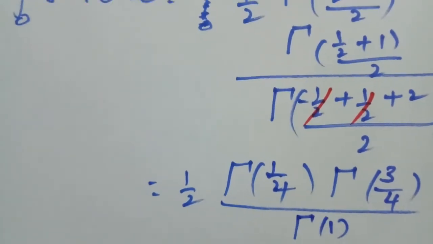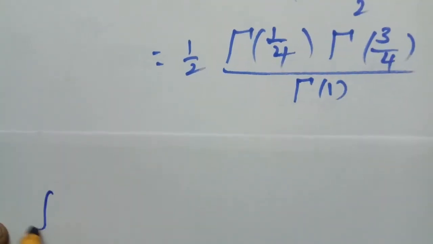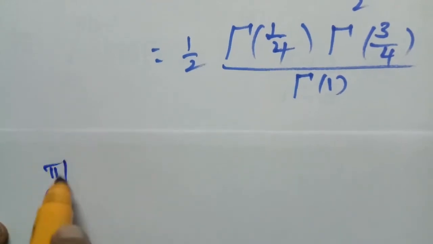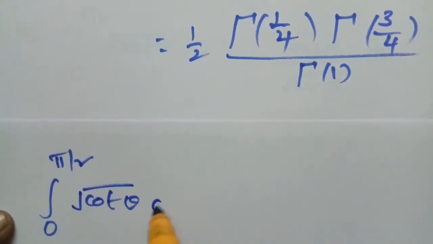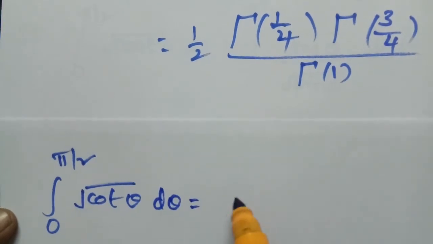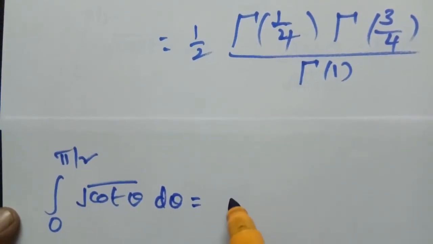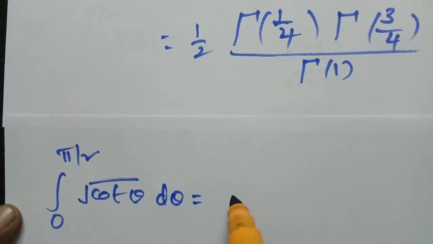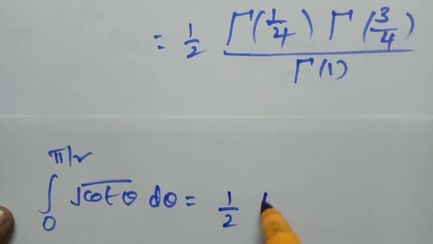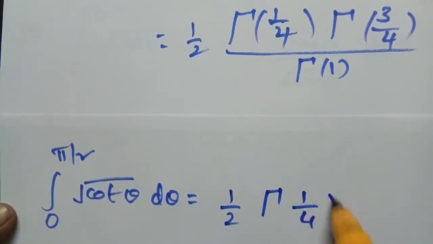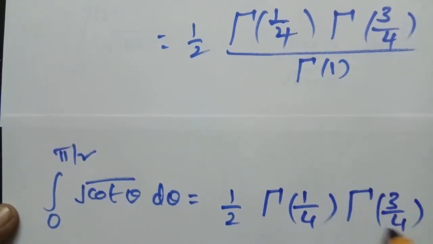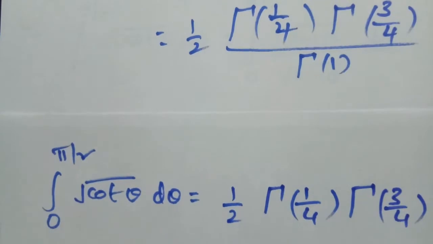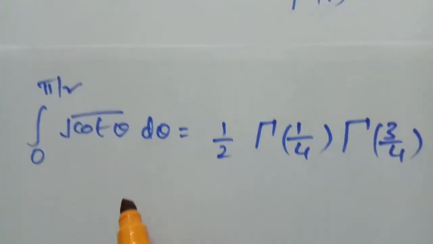Therefore integral 0 to pi by 2 square root of cot theta d theta is equal to 1 by 2 times gamma 1 by 4 into gamma 3 by 4. Since gamma 1 is equal to 1, this is our required answer.